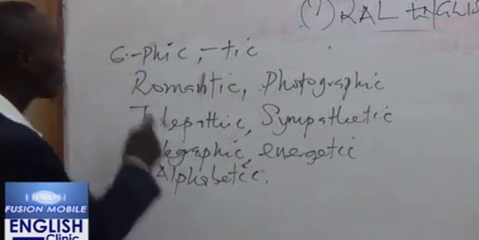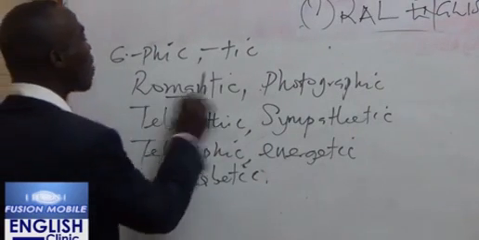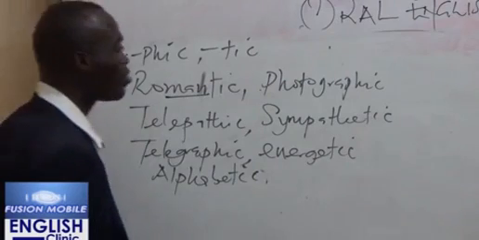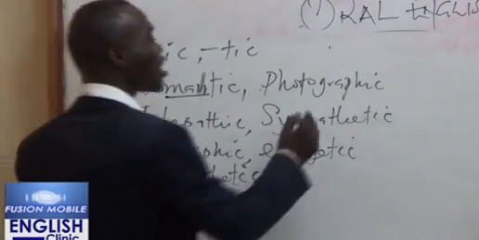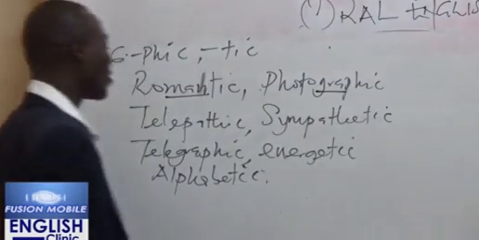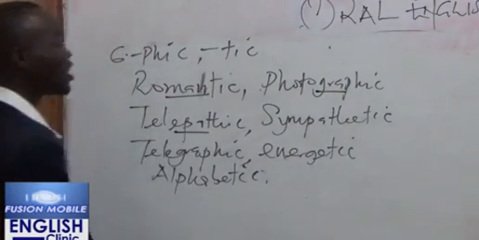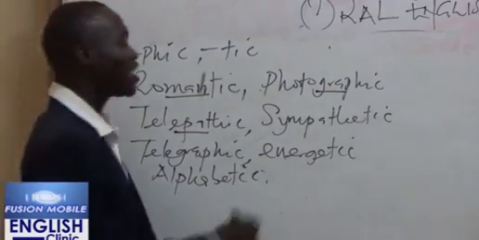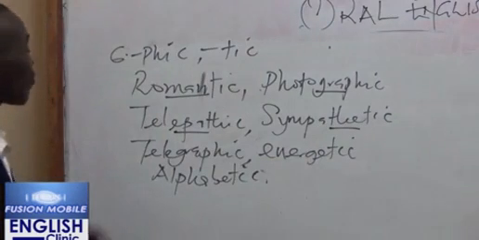So in the word romantic, what is stressed there is ma, that's the second from the last syllable. Photographic, the second from the last syllable is gra, and that is stressed. Telepathic, the second from the last syllable is pa, and sympathetic, the second from the last syllable is the.